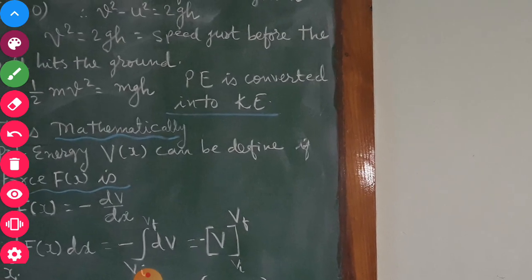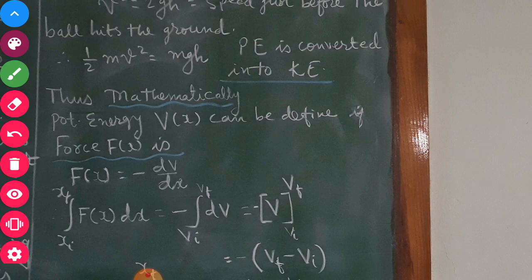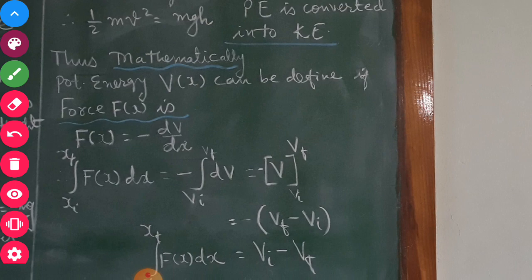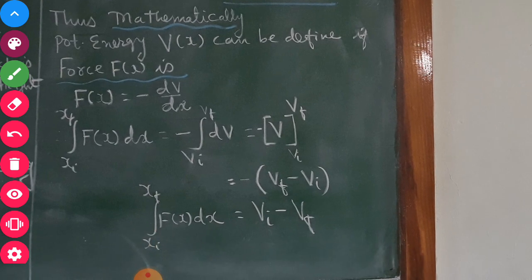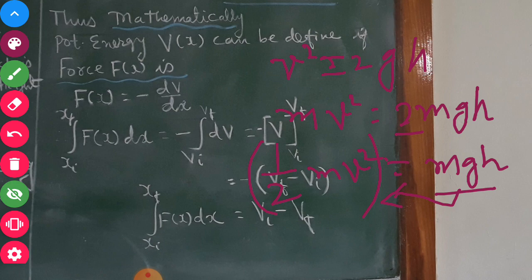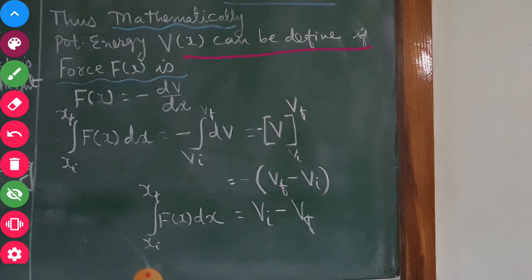If you want to write this in mathematical form, then potential energy Vx, that is potential energy at any distance x, can be defined as follows: if the force is f of x, then force at any distance x is equal to minus dV by dx. So it is the negative differentiation of potential energy.